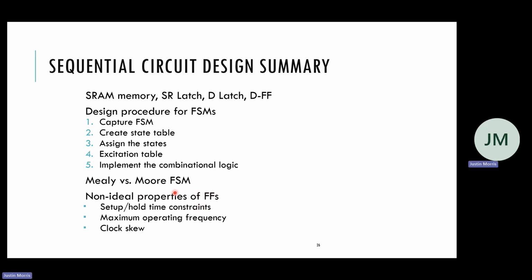So we have already talked about how flip-flops have these non-ideal properties. You have to make sure that you are satisfying the time constraints for setup and hold time. And you are going to do that by calculating the maximum operating frequency of your circuits, as well as you might add buffers in order to satisfy those hold times. And then you should also account for any clock skew that you're expecting in your circuit.